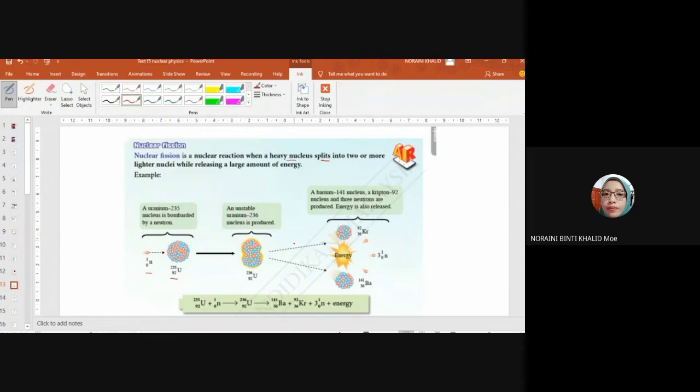Then what happens? Uranium-236 splits into lighter nuclei, barium-141 and krypton-92. At the same time, it releases energy and 3 neutrons. You can look at the equation given.